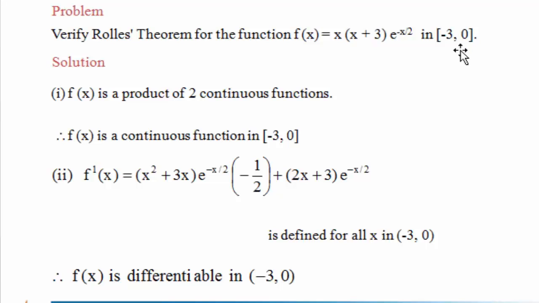Here b is 0, a is -3. So the derivative exists, and if you take any value between -3 and 0, we get a finite value by replacing x by that value. So we can easily say that f of x is differentiable on the interval (-3, 0).